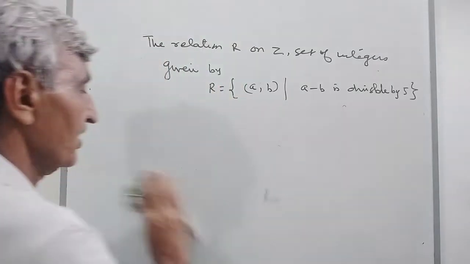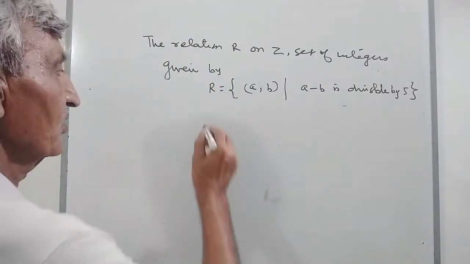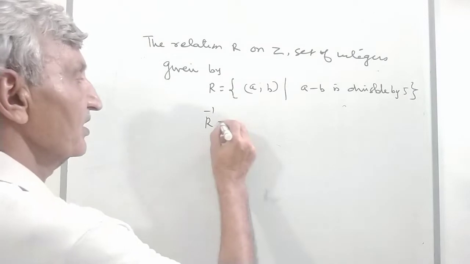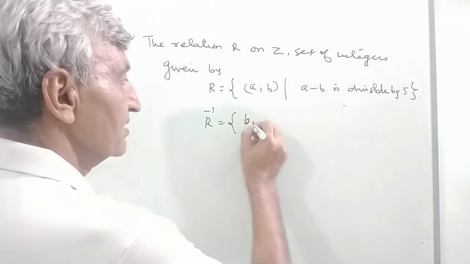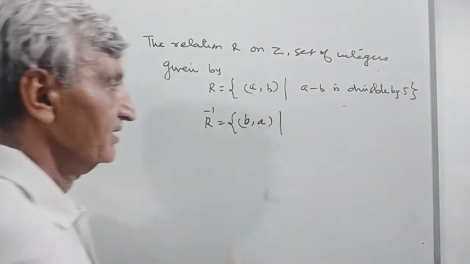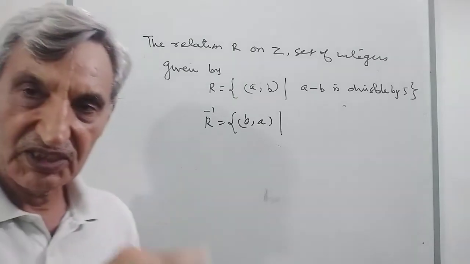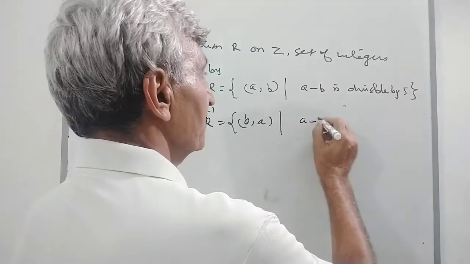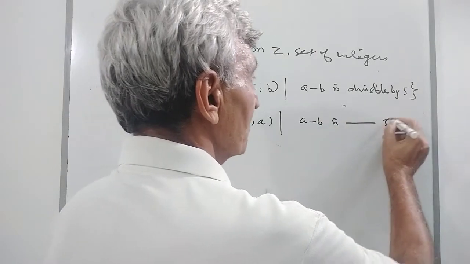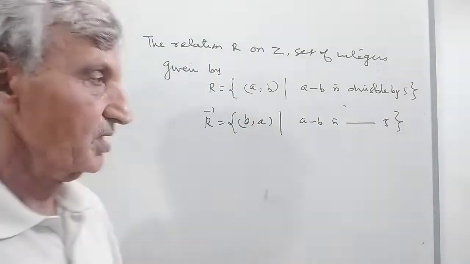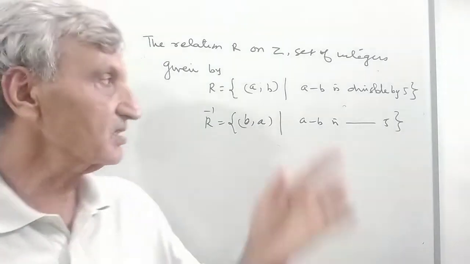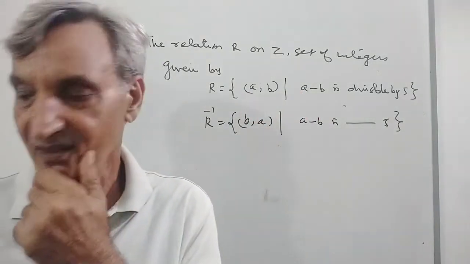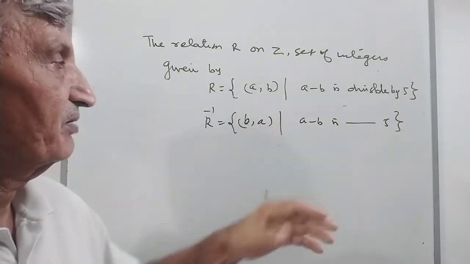जैसे कि एग्जांपल के तौर पर, what is R inverse here? It is equal to the pairs (A, B) replaced by (B, A), where A minus B is divisible by 5. Here they are B minus A या A minus B, ये इसका inverse है. Inverse means this, A minus B कहूँ या B minus A कह लूँ.